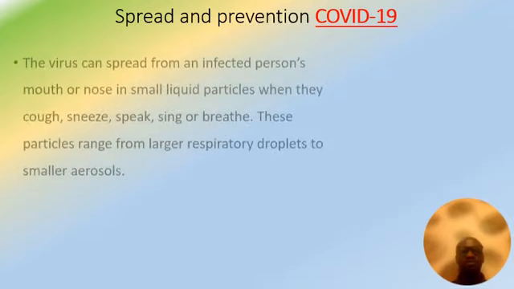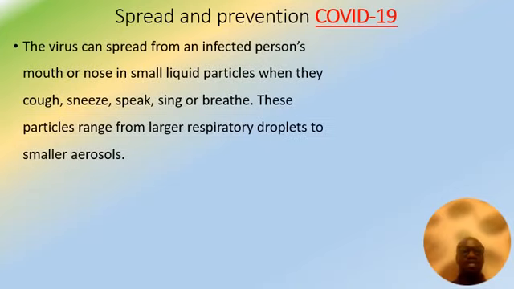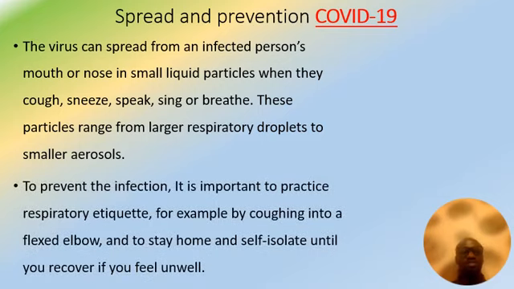How is COVID-19 spread? It can spread from an infected individual's mouth or nose in liquid particles when they cough or sneeze, and this can spread through air droplets to smaller aerosols, and a susceptible individual can breathe in this virus and get infected.